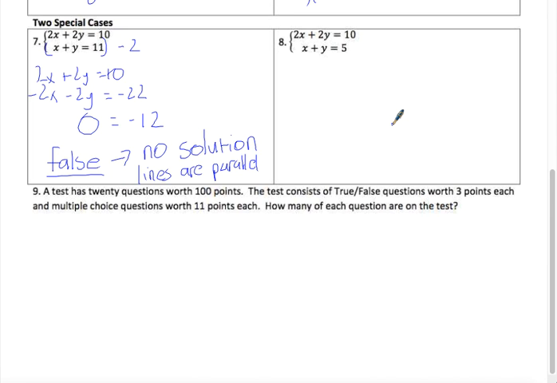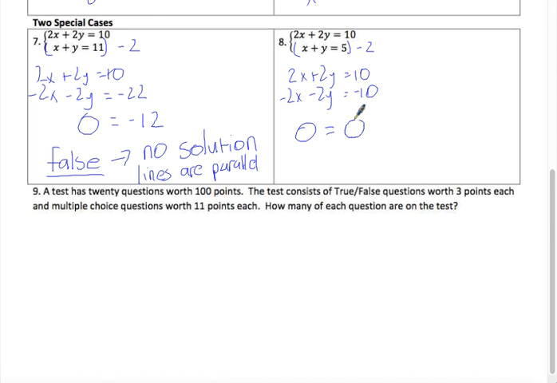And this example here, it's almost the same problem. Again, if we multiply this bottom equation by negative 2, now we have 2x plus 2y equals 10, negative 2x minus 2y equals negative 10. And when you add it, everything on the left side adds to 0.